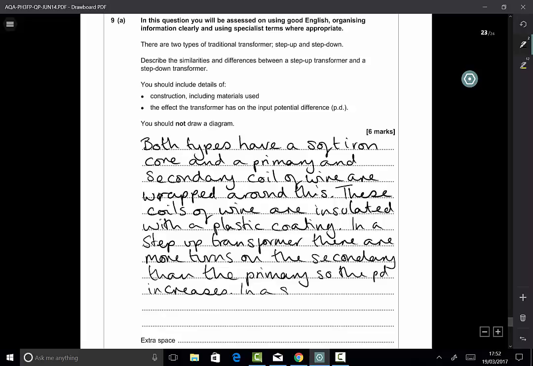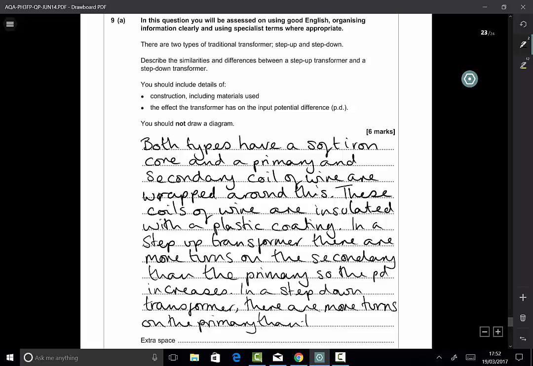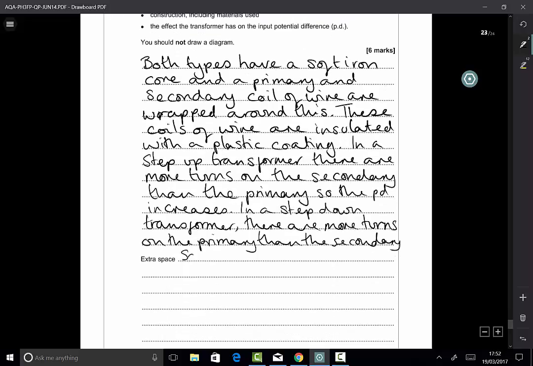In a step down transformer, there are more turns on the primary than the secondary, so the PD decreases.